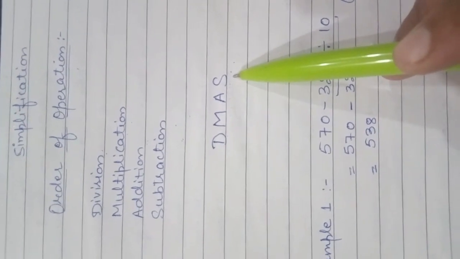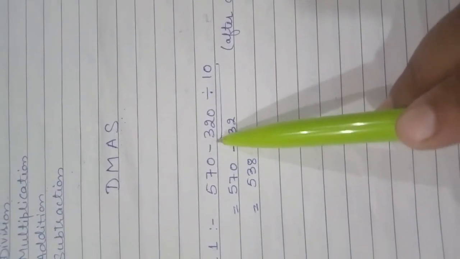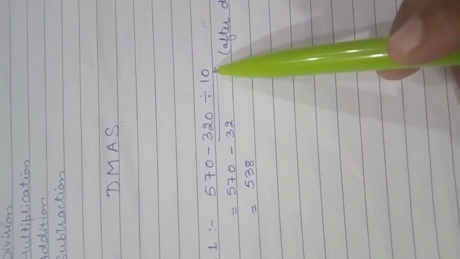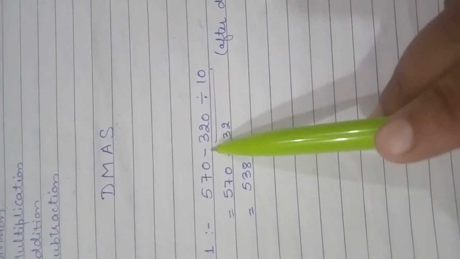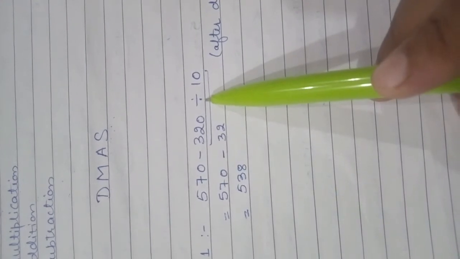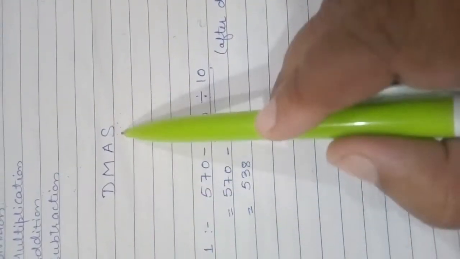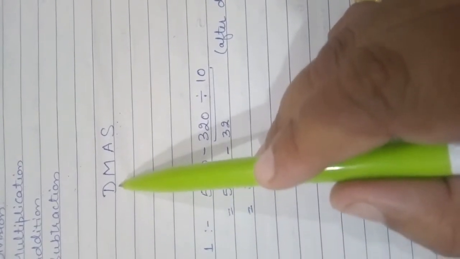So let us do one example. Now I have taken one example: 570 minus 320 divided by 10. So here we have two fundamental operations. Here is subtraction and here is division. According to DMAS, first we have to solve division.